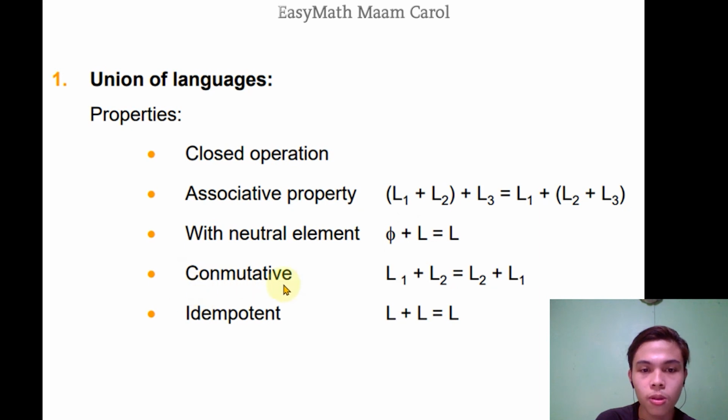It is commutative: L sub 1 plus L sub 2 is equal to L sub 2 plus L sub 1. And idempotent: L plus L is equal to L. Simple as that.